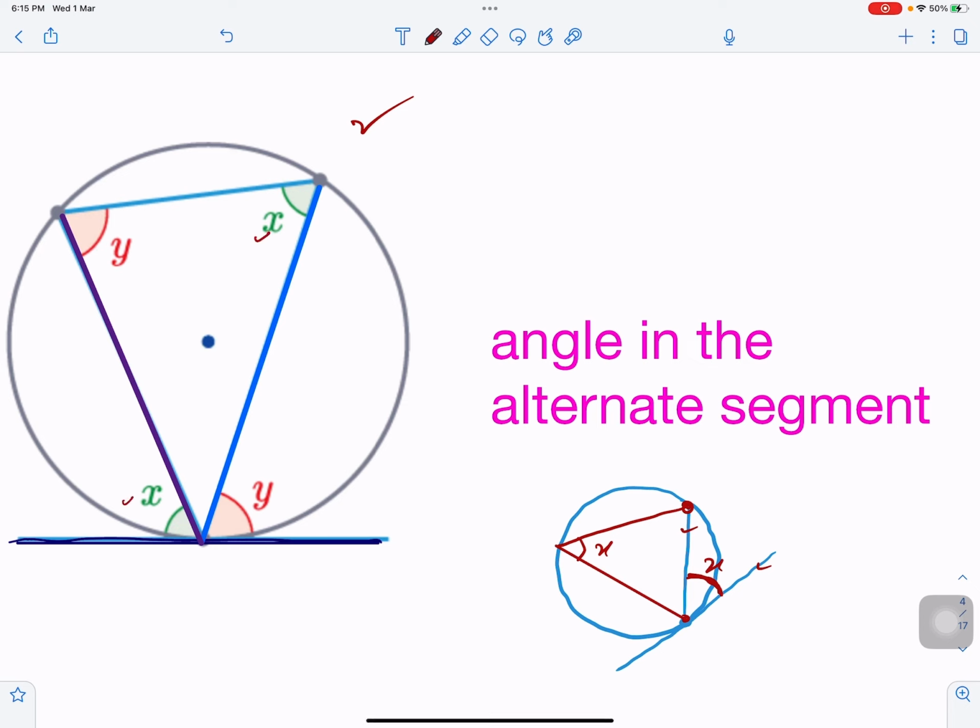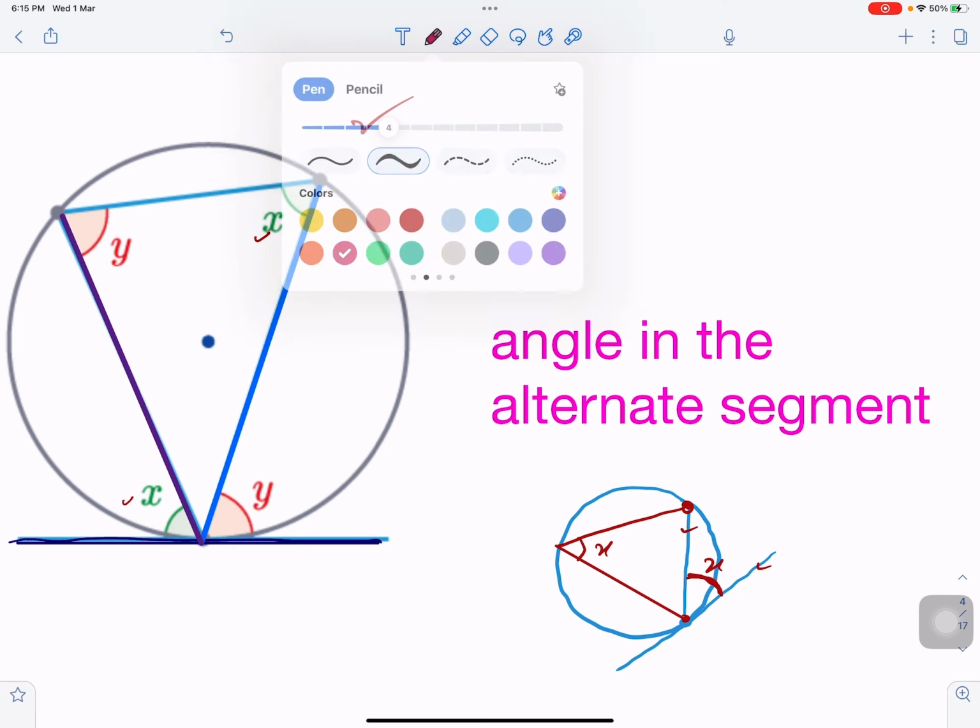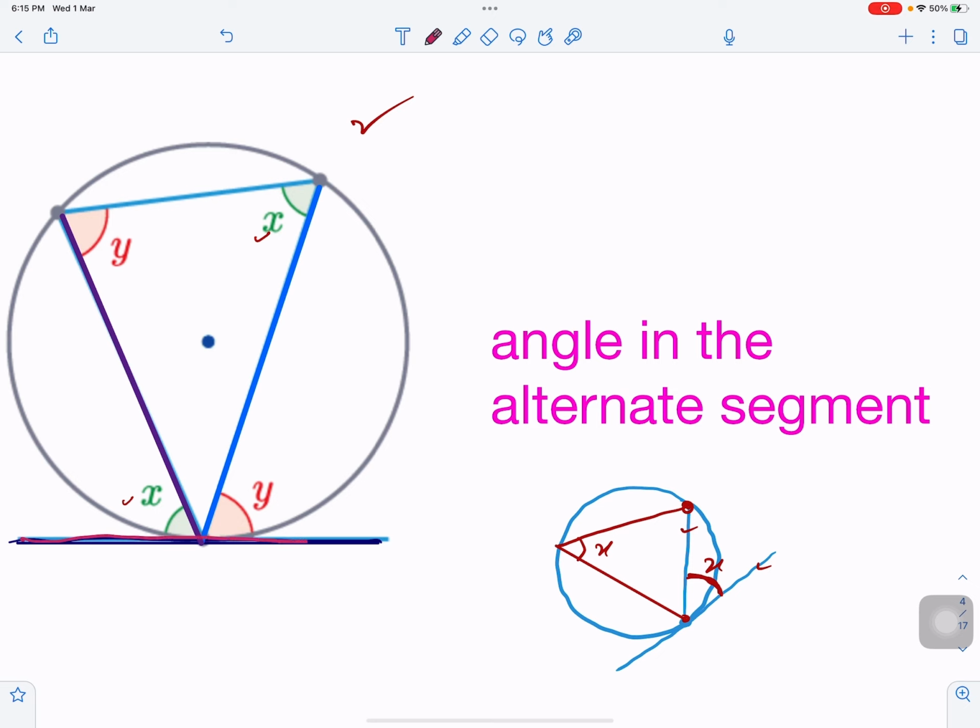Why? What is the reason? If you look at this tangent and this chord, they are making an angle here. The same chord, its ends, are making an angle here on the circumference. Yes or no? So that's why the angle between chord and tangent is equal to the angle made by the chord on the other side.